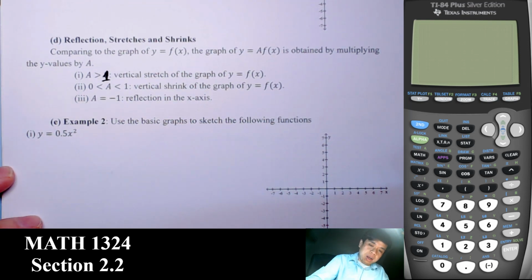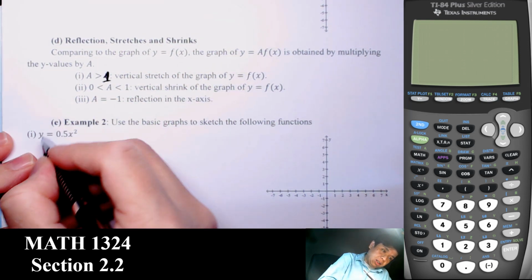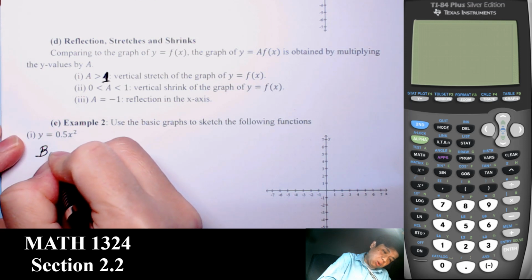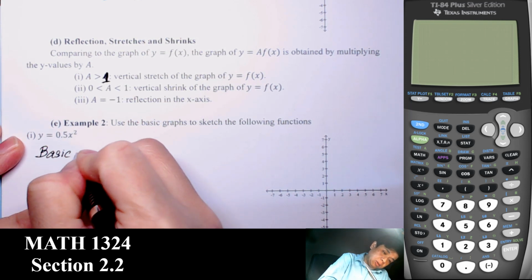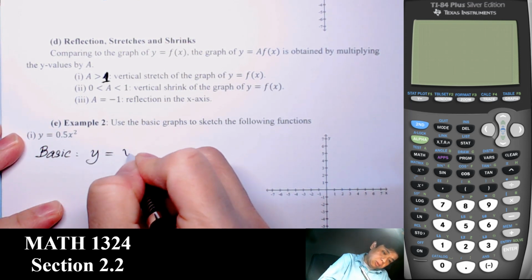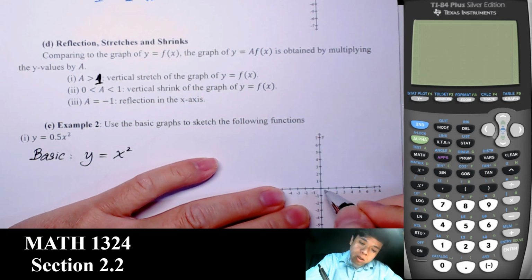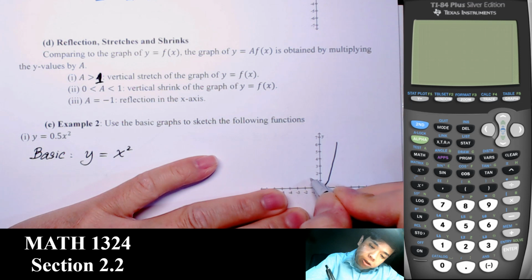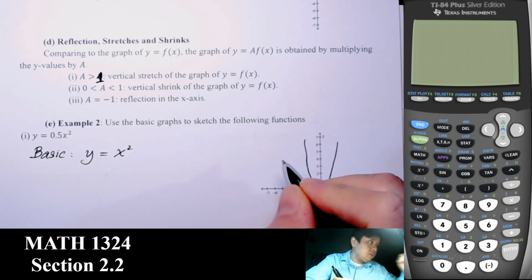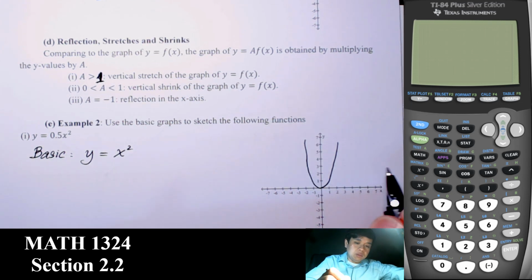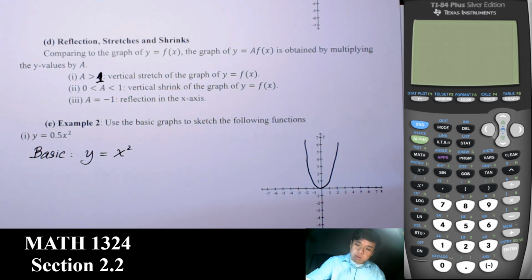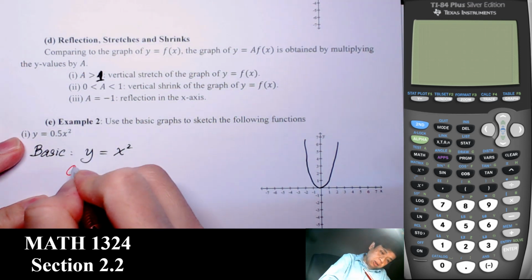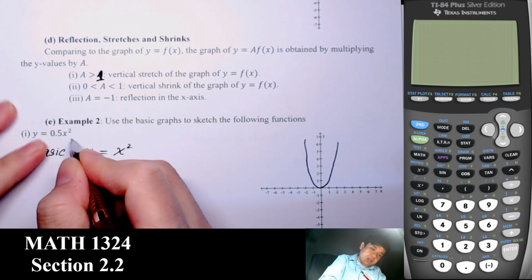Now, on this one, the basic is y equals x squared. Looks like this. And now we have 0.5 times it.